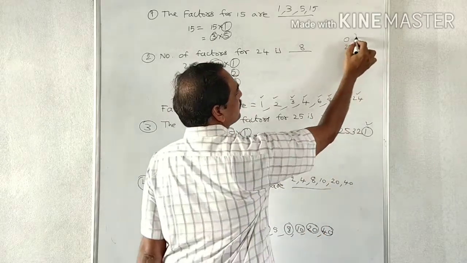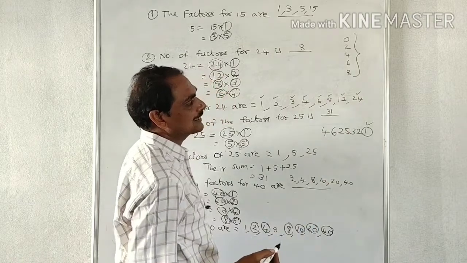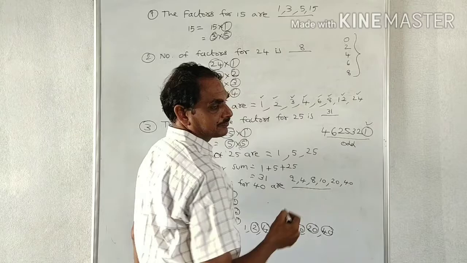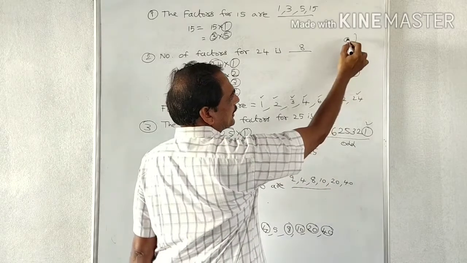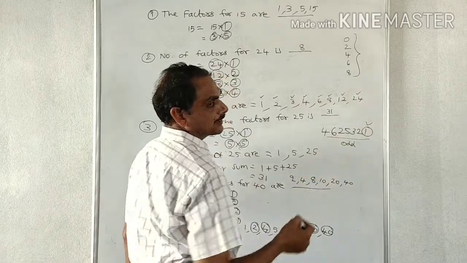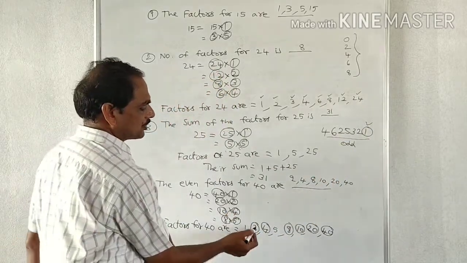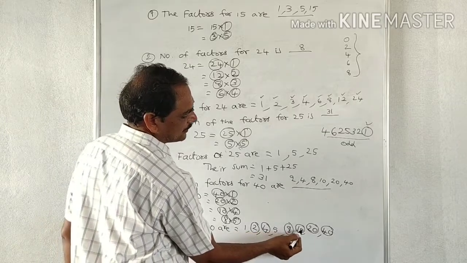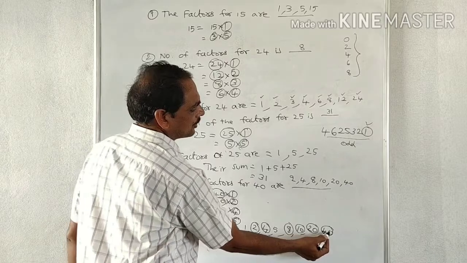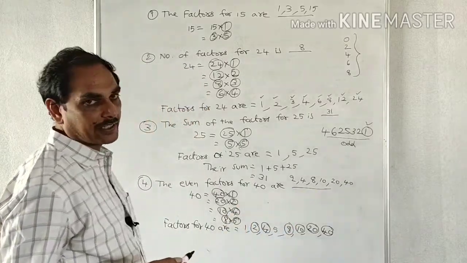If the units place does not contain 0, 2, 4, 6, or 8, then the number is odd. If it contains 0, 2, 4, 6, or 8 in its units place, then the number is even. Here also, 2, 4, 8, and 10 have 0 in the units place. So these are the even factors for 40.